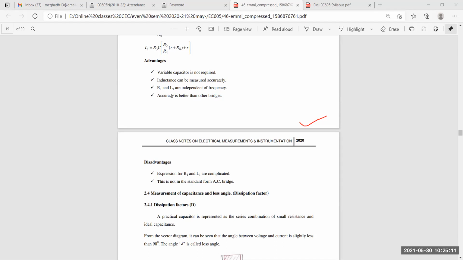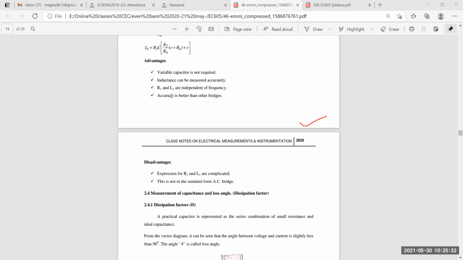Second, the R1 and L1 which we are evaluating are independent of the frequency. And the self-inductance we are measuring can be measured much more accurately in case of Anderson, and the accuracy is better than the other bridges.